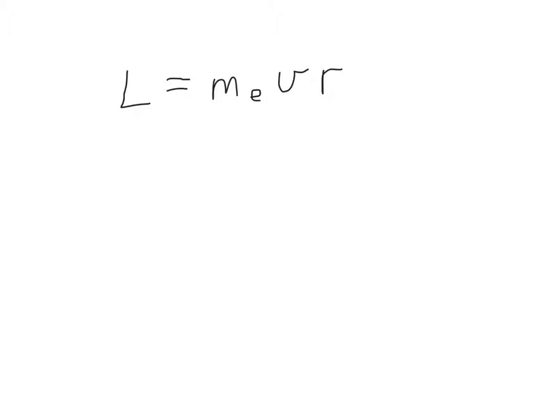Now, if we're looking at this in spherical coordinates, we talk about the general motion of an electron. We would separate things into angular motion and radial motion.